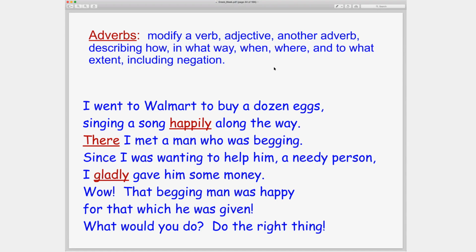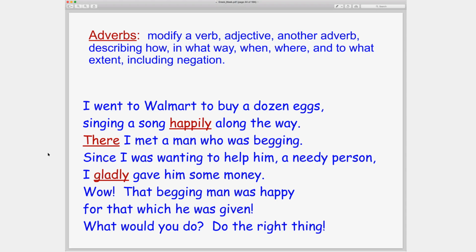Adverbs. They modify a verb, an adjective, another adverb, describing how, in what way, when, where, and to what extent. So here, happily is not describing the song. Happily describes how I'm singing.